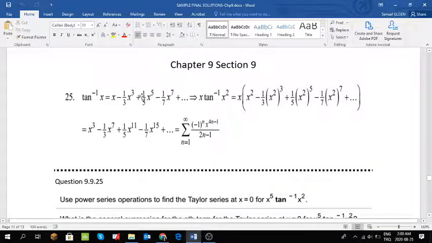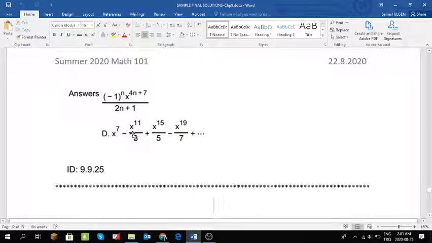It's alternating, and the powers are odd numbers, 1, 3, 5, 7. Then x times arctangent x squared means you just multiply this series by x. If you multiply it by x, you get x cubed minus x to the 7 over 3, etc. You can write it in compact form, there's a little typo here, but it's enough for you to write it like this. That's the end of the question.